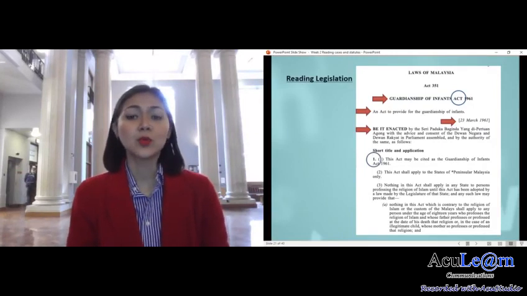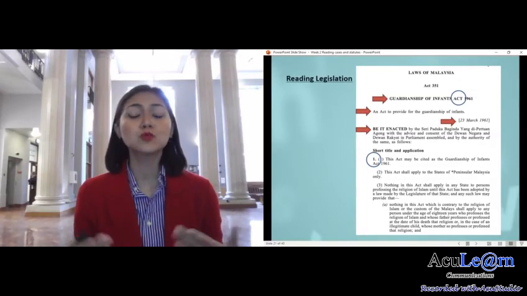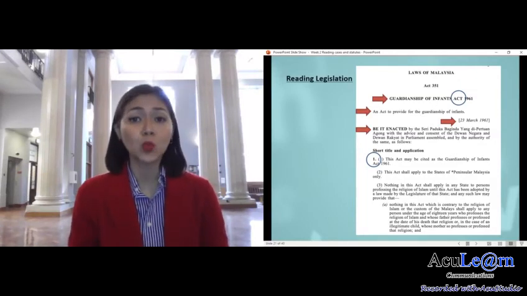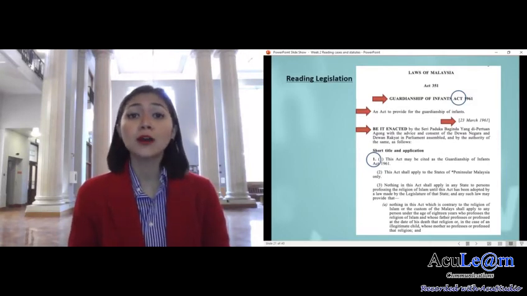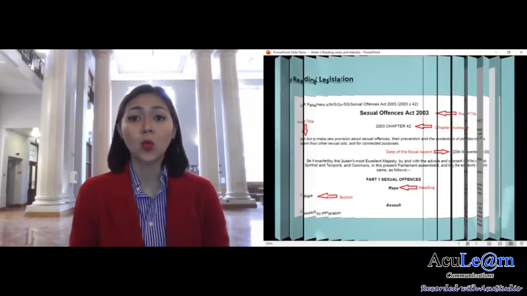The one circled number one, students pronounce as section 1. Some students, especially those who do not have a background in law, are not sure how to refer to it in the essay, whether they should write number 1 or article 1. When it comes to legislation, it's actually section 1.